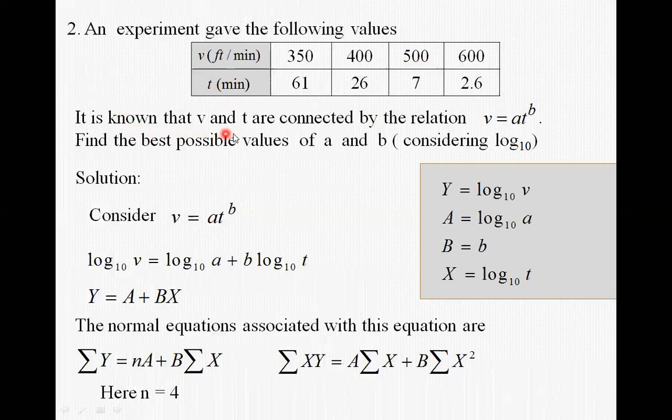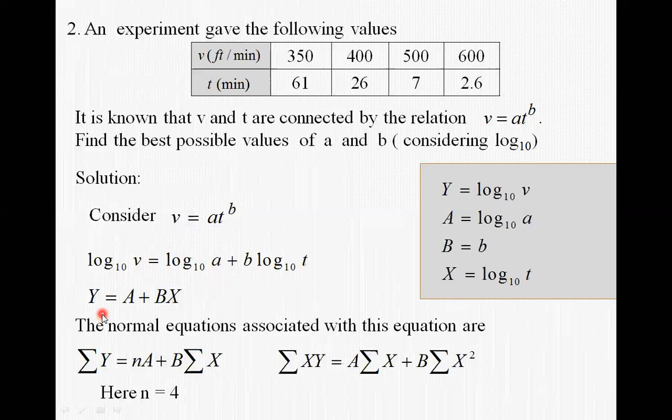It is known that V and T are connected by the relation V equals A into T to the power of B. Find the best possible values of A and B, considering log to the base 10. Solution. Consider V equals A into T to the power of B. Take log to the base 10 on both sides. Log V to the base 10 equals log A to the base 10 plus B into log T to the base 10.